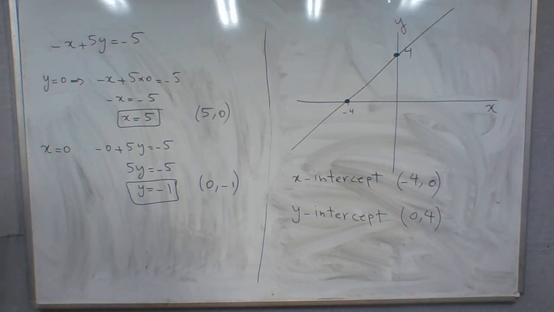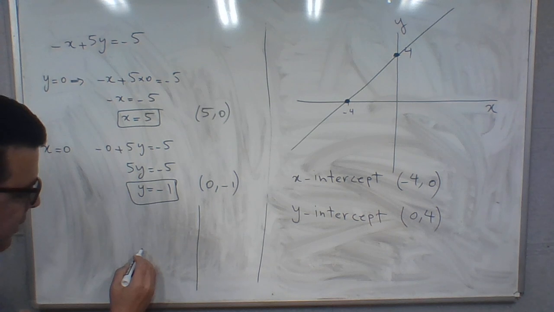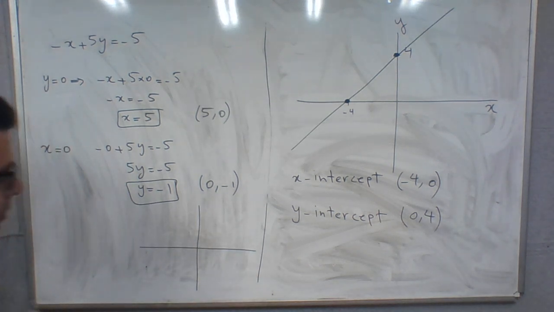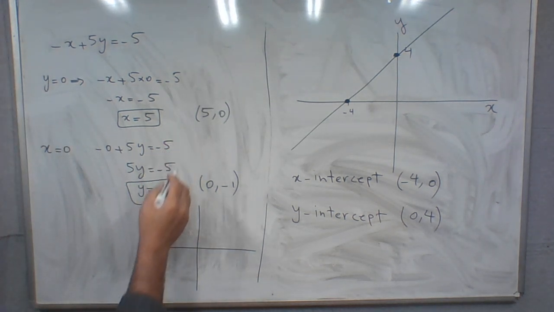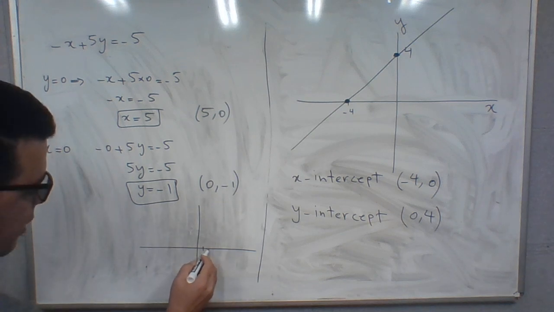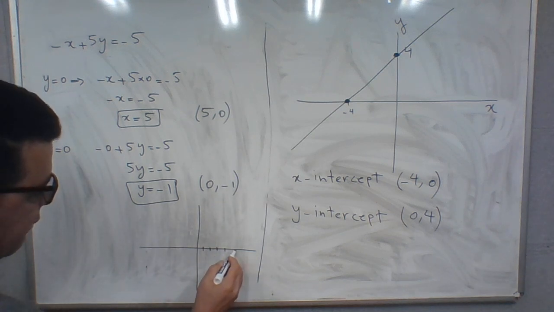Now what is the next part? It says that using the intercepts from above, draw the graph of negative x plus 5y equals negative 5. Okay, I draw the graph. So 5 and 0, x is 5, 1, 2, 3, 4, 5.